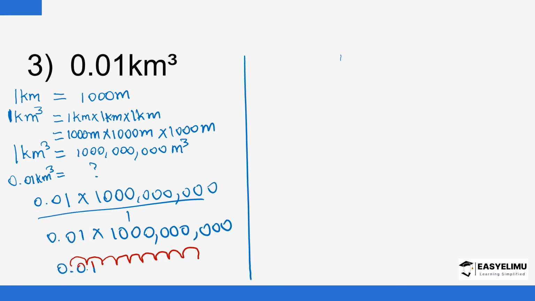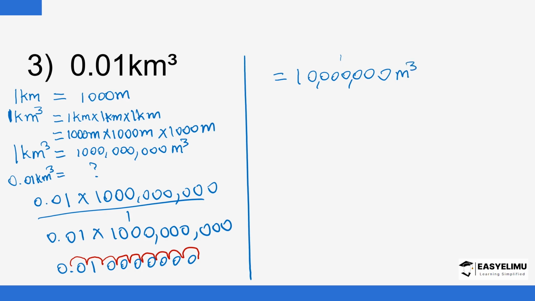And of course, it's going to be a whole number. So we have 0, 0, and then 1 followed by zeros. How many zeros are there after 1? 1, 2, 3, 4, 5, 6, 7. So you'll write 1 and 7 zeros. So that is 10 million cubic meters.